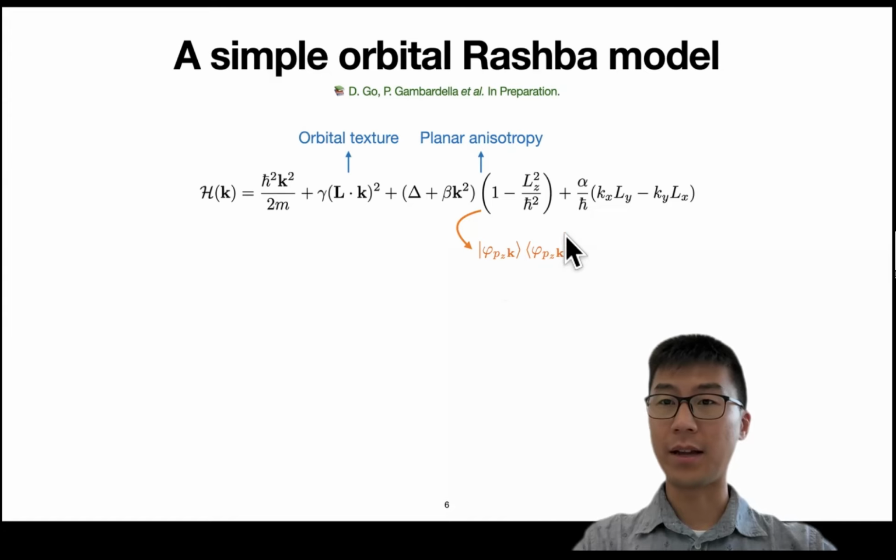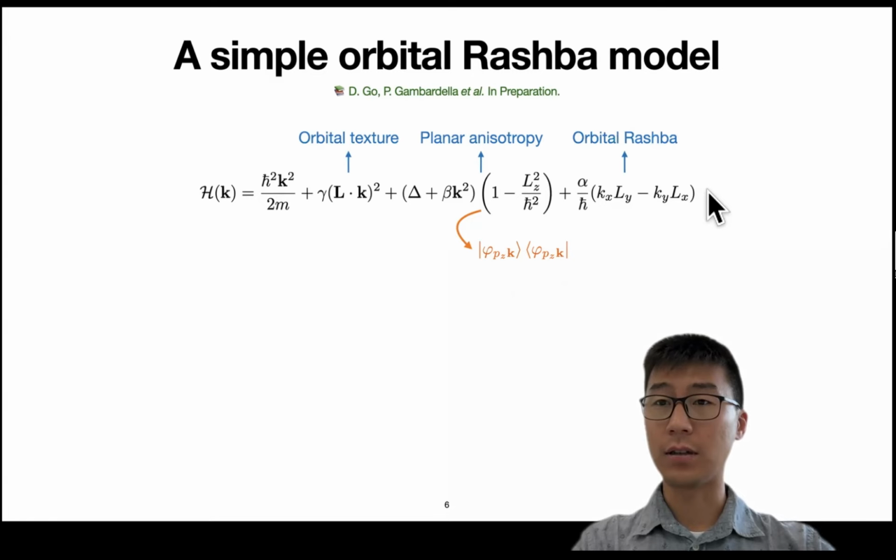It means the p_z orbital bands have more on-site energy and more kinetic energy, by delta and beta respectively. It's quite intuitive because in a 2D system, the p_z orbital will be different from the p_x, p_y orbitals. And finally, we have the orbital Rashba interaction due to broken mirror symmetry with respect to the XY plane.